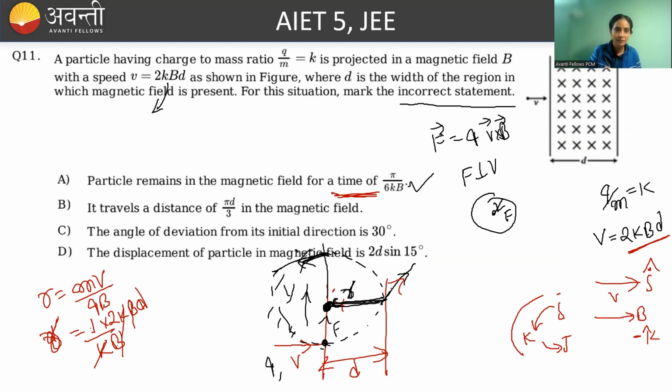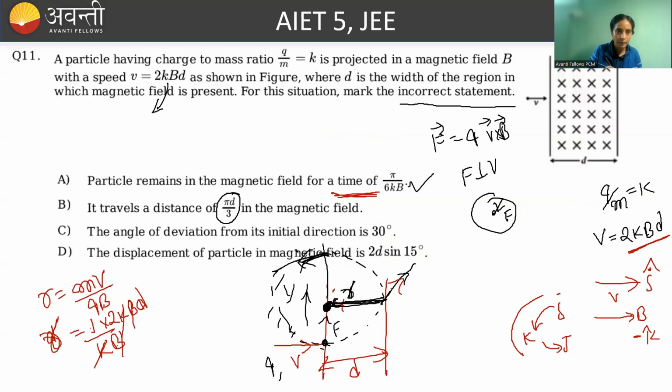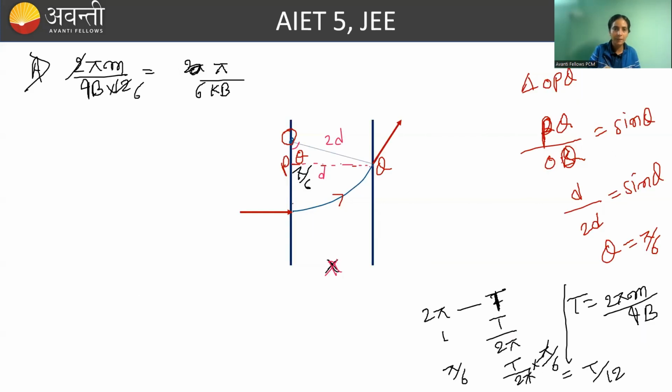It travels a distance of pi d by 3 in the magnetic field. So in the magnetic field, how much angle is it covering? Pi by 6. It travels a distance of pi d by 3. So distance we have to calculate. If you are talking about displacement, that is the straight line, and distance is the length of the arc.